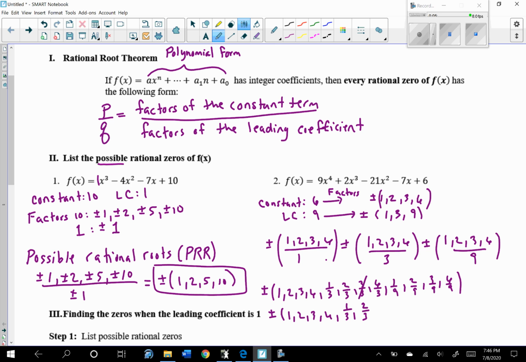We know 3/3 is just equal to 1, so we don't need that one. 6/3 is just equal to 2, so we don't need to write that one. 1/9, and then 2/9. And then 3/9 is equal to 1/3, which we already have, and 6/9 is equal to 2/3, which we already have. So these are the possible rational roots.